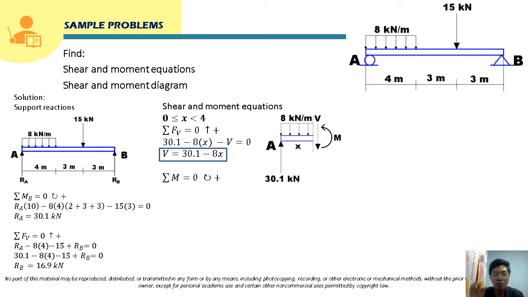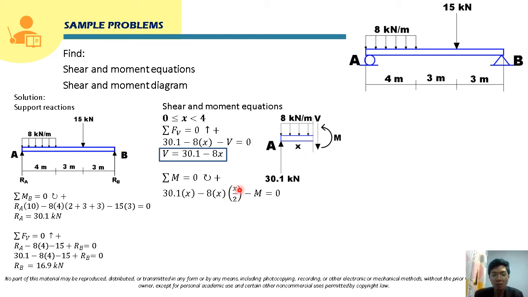Now, for the moment equation, class, we are going to take moment at the cut section. So the moment of 30.1, about this point, will be 30.1 times x, and it will be clockwise. And then for the uniformly distributed load here, its equivalent point load is 8x, and the location of that equivalent point load will be at the midspan, which is x over 2.